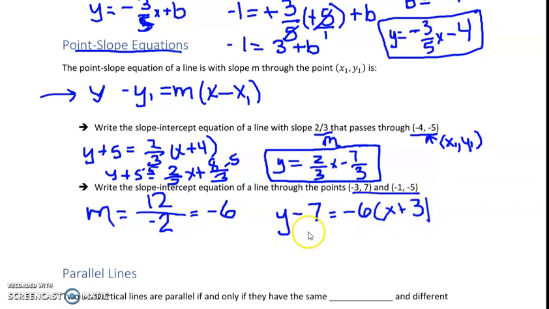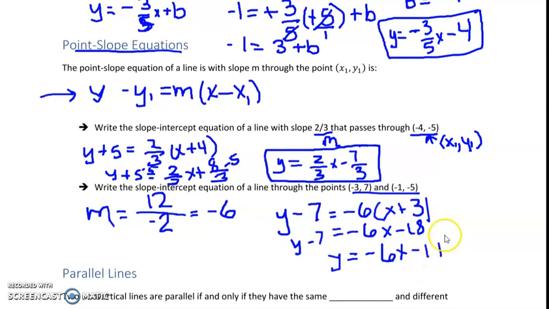And I can distribute the -6 and get -6x minus 18. And then I need to add 7 to both sides. And I get y equals -6x minus 18 plus 7 is -11.